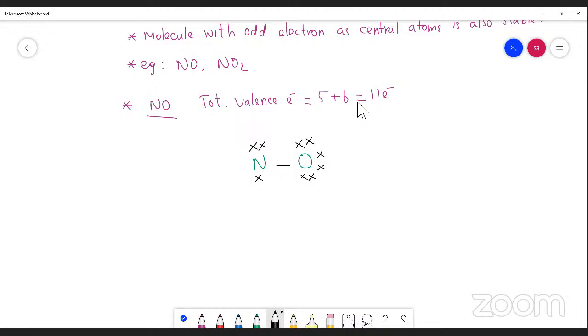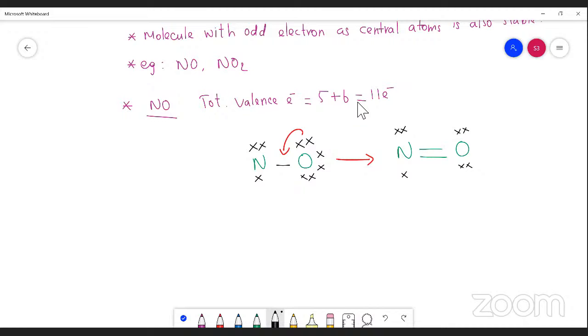Now, to get an octet, this structure is converted into another one. This bond is moved here. So nitrogen and oxygen have a double bond, and oxygen has 4 electrons as lone pairs, and nitrogen has 1 electron.